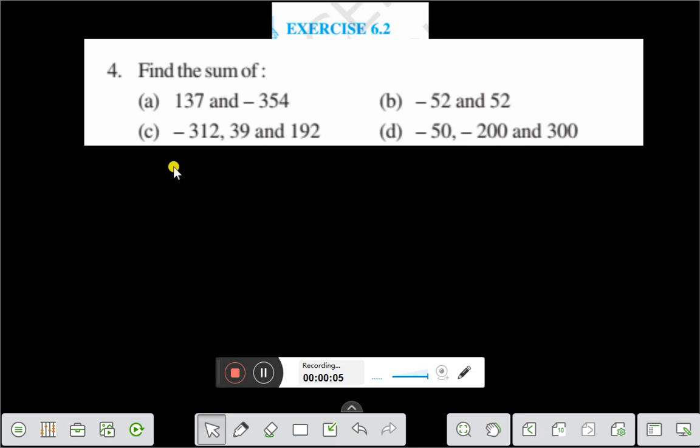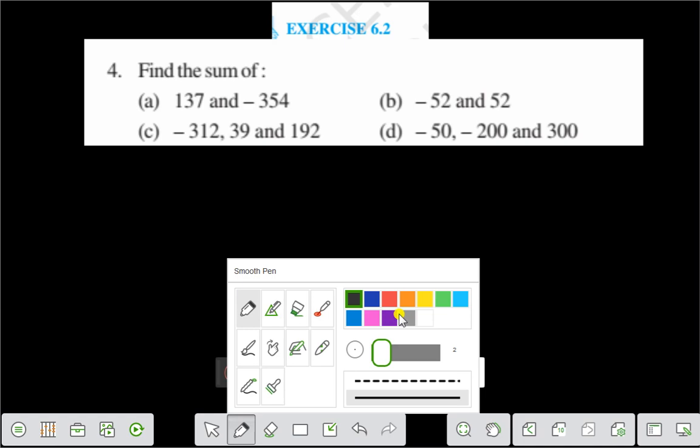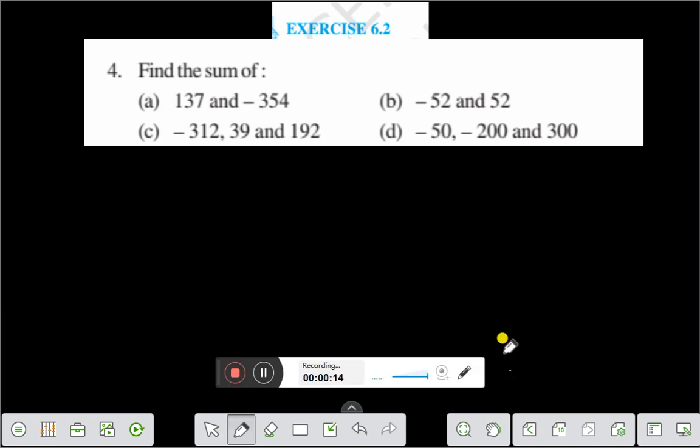Hello friends, today we shall discuss exercise 6.2 question number 4. Find the sum of question number A: 137 plus in bracket minus 354.